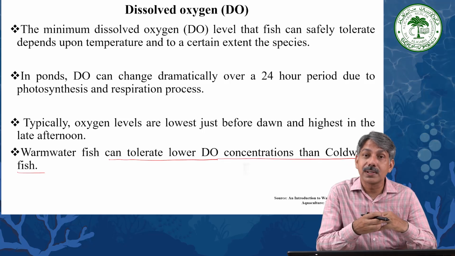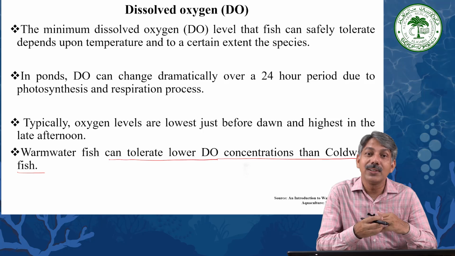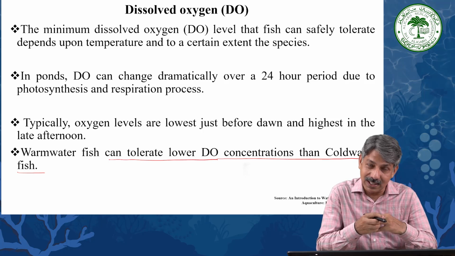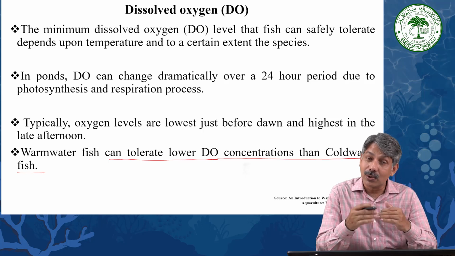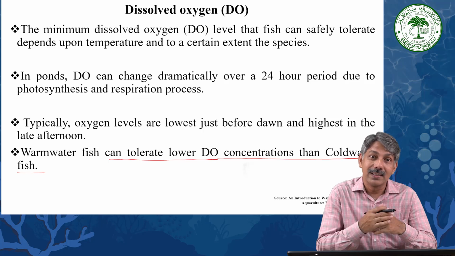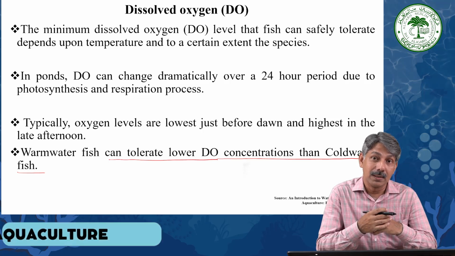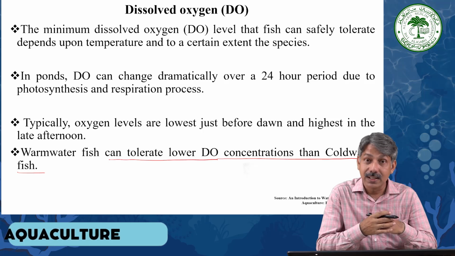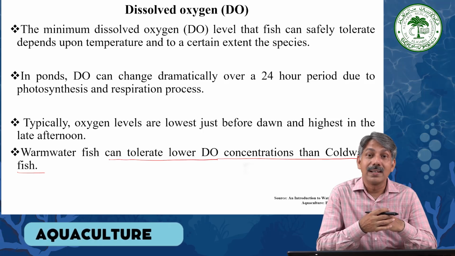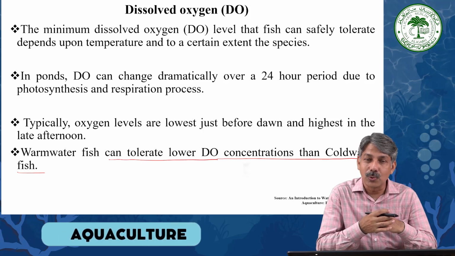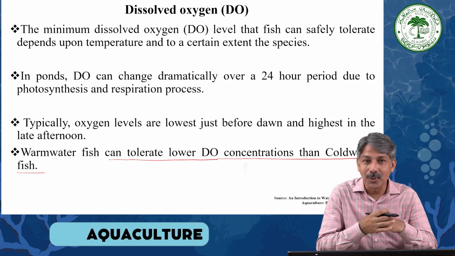Because cold water fishes are habitual of living in high dissolved oxygen content, because as I told you, at lower temperature there is higher dissolved oxygen content. So they are habitual of living in high oxygen conditions, and that is why cold water fishes are quite sensitive to oxygen fluctuations.